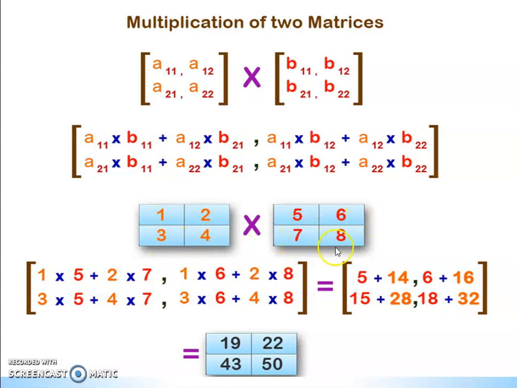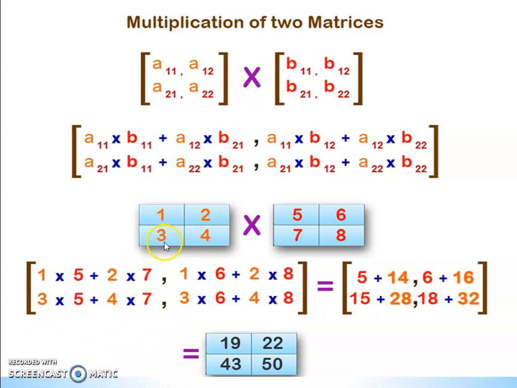Matrix A is [1 2; 3 4] and matrix B is [5 6; 7 8]. These are two different matrices: 1, 2 is the first row and 3, 4 is the second row. So 1, 2 multiplied with column number 1: 1 into 5, 2 into 7. Next, first row, second column: 1 into 6 plus 2 into 8. The first row of the matrix multiplication A into B is completed.